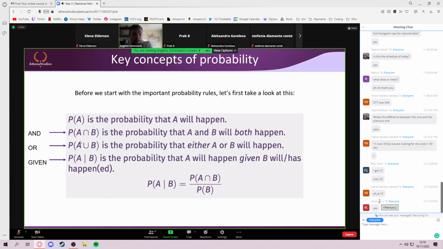So first case scenario, we have the P of A, and this sign, and B. This sign signifies and. So this is the probability that the event A and the event B will happen. So this is the probability that both events will happen.